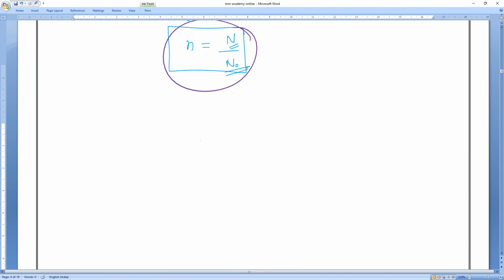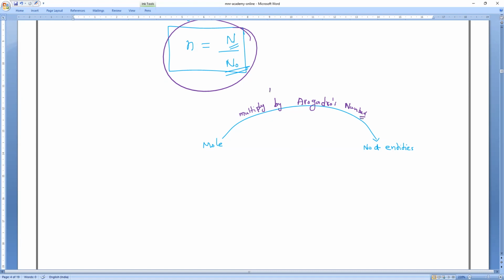And in the last class I taught you the mole concept. If you want to get from moles to the number of particles, the number of entities, you have to multiply with what, everybody? Please respond. Multiply with what number? Avogadro's number.